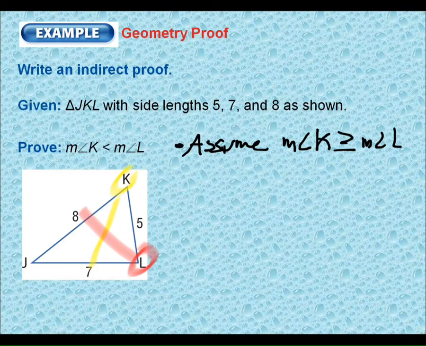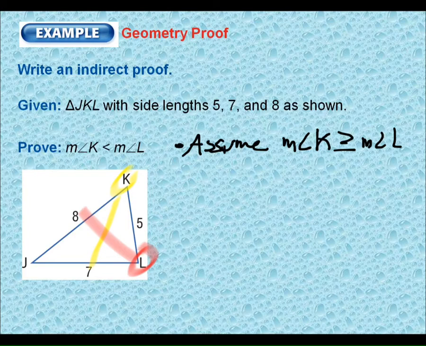Anybody remember what that's called? Anybody got their postulate sheet out? In this case, we're looking at 5.9, because it says if one side of a triangle is longer than another side, then the angle opposite the longer side has a greater measure than the angle opposite the shorter side.